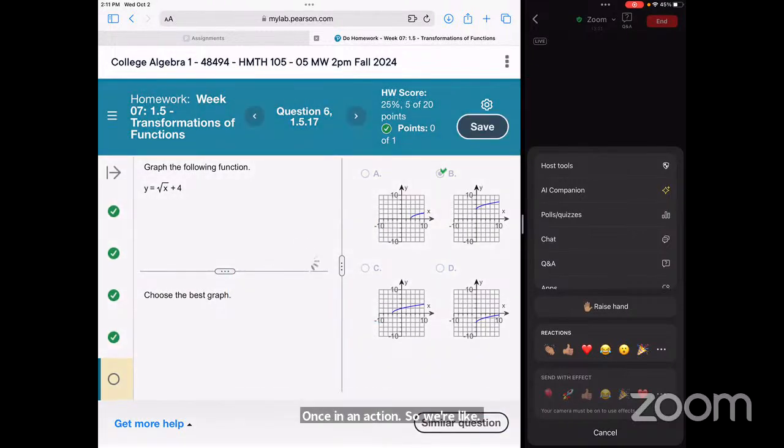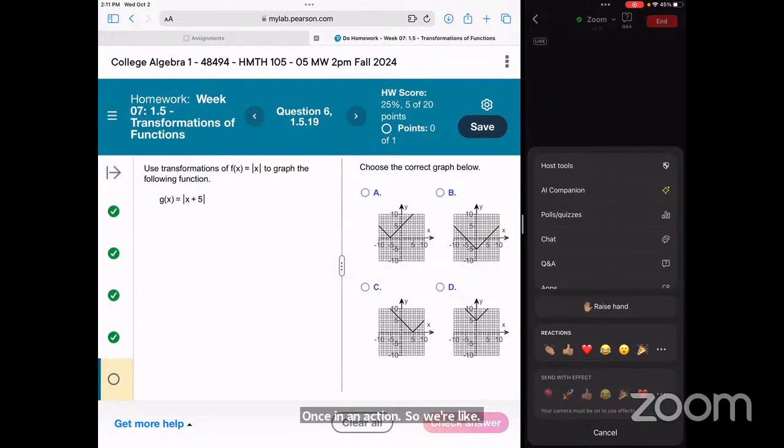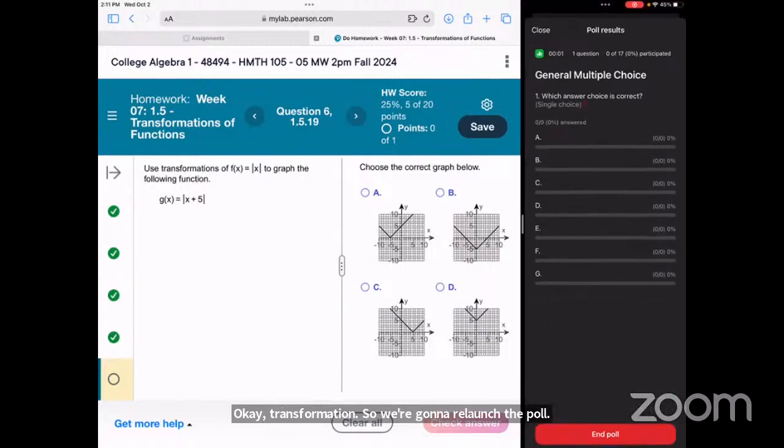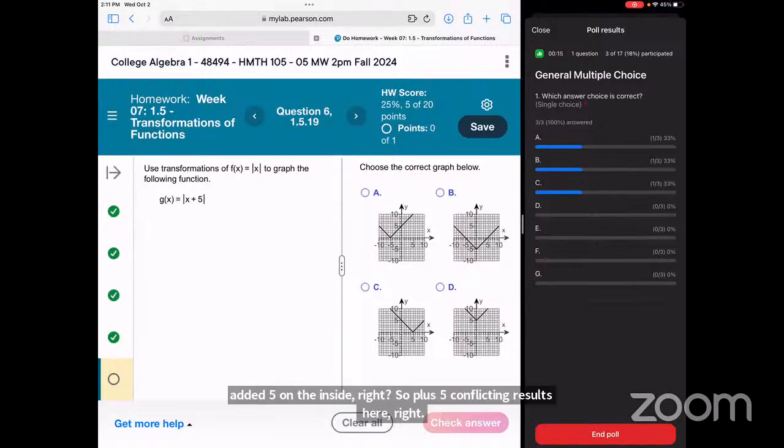Okay, transformation. So we're going to relaunch the poll. Use transformations to graph the following function. So our parent function here is absolute value of x. We added 5 on the inside, right? So +5, we'll see some conflicting results here, right? So +5 on the inside, will that move the graph to the left 5 units?